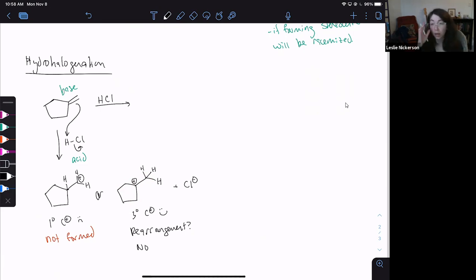So we've seen in the alcohol reaction that we just went over, once you protonate with something like HCl, HBr, or HI, you can end up making a good nucleophile afterwards. And that's exactly what's going to happen here. We're going to attack that carbocation with our new nucleophile.